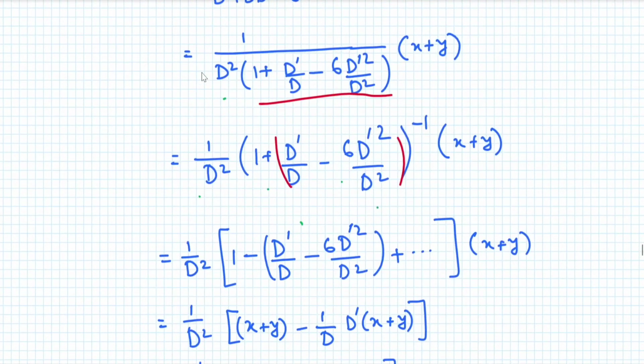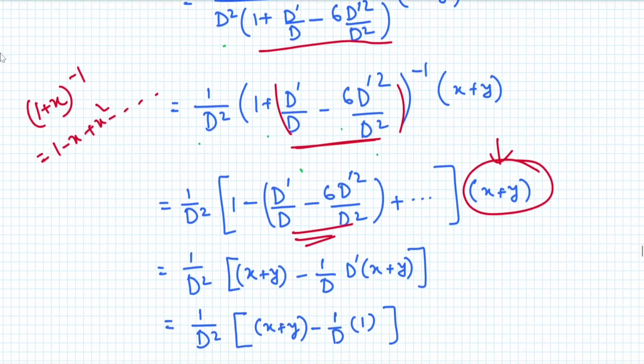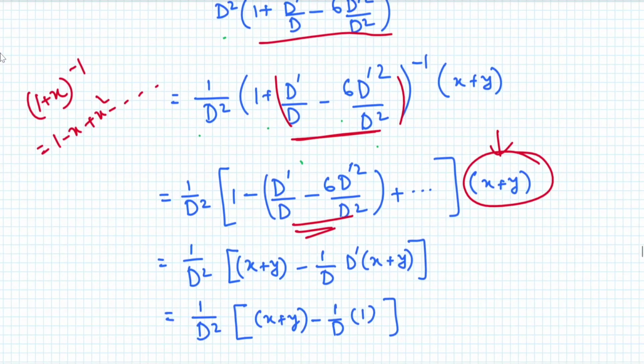This is an expansion of the form (1 + x) inverse, which is equal to 1 − x + x² − and so on, alternately minus and plus. Since the power of the function is linear, we do not write the higher order terms, since they vanish after the first derivative.